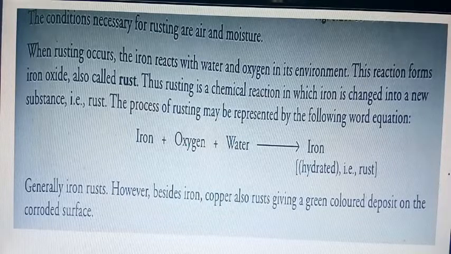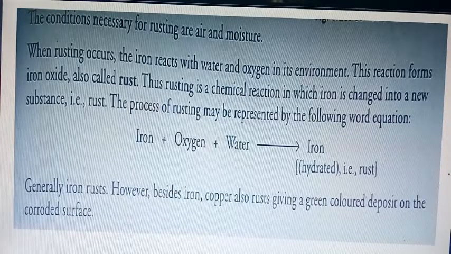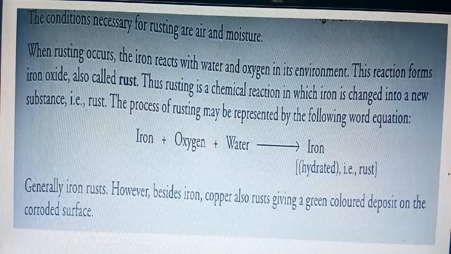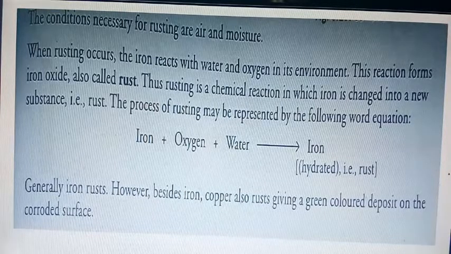Iron plus oxygen plus water gives hydrated iron oxide, that is rust. It gives not iron but hydrated iron oxide.